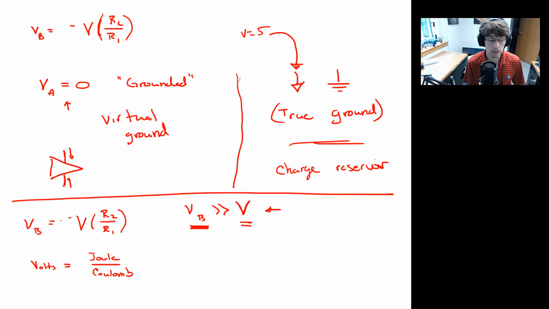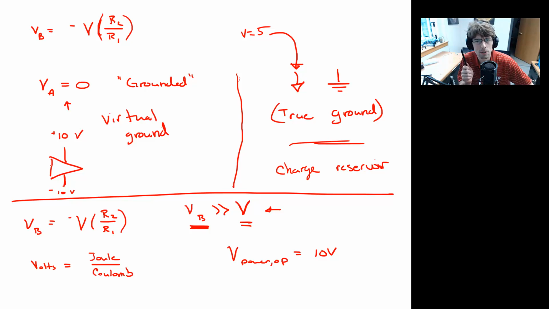Other point, if you power an operational amplifier, let's say the power is 10 volts. So you run plus 10 volts on one side and negative 10 volts on the other. What does your intuition tell you?